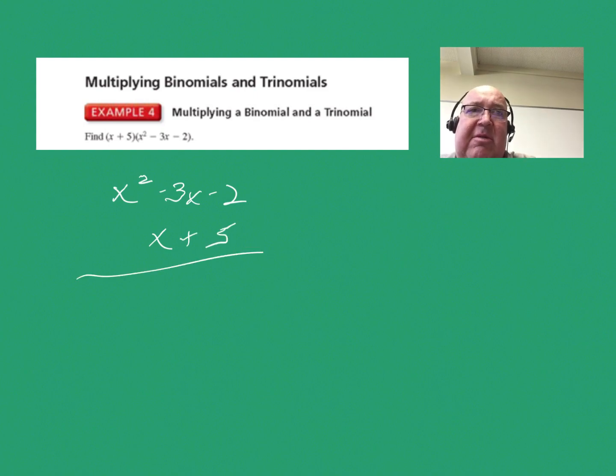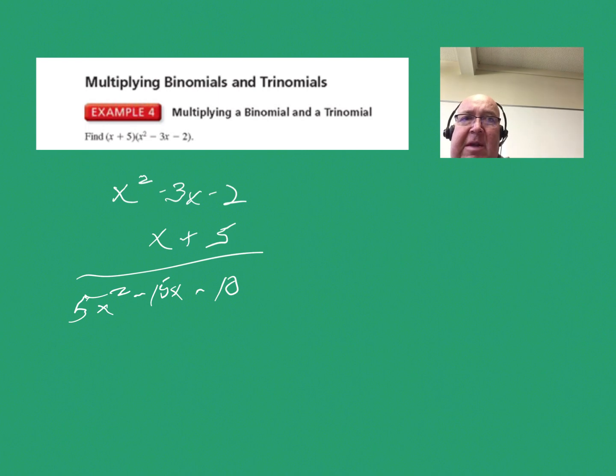So I could just multiply by 5, I get negative 10. Multiply by 5, I get negative 15x. And I get 5x squared.